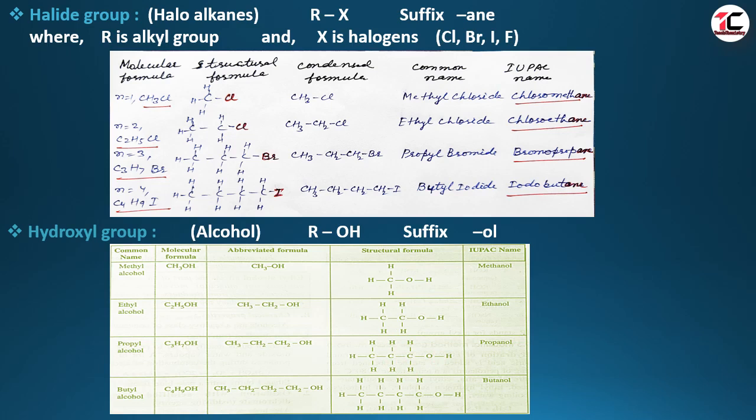Its common name becomes propyl alcohol, as here are 3 carbon atoms, and IUPAC name is propanol. Here prop is the root word, an is the primary suffix and ol is the secondary suffix. Butyl alcohol is the common name for 4 carbon atoms of the alcohol group, and the molecular formula is C4H9OH and its IUPAC name is butanol.